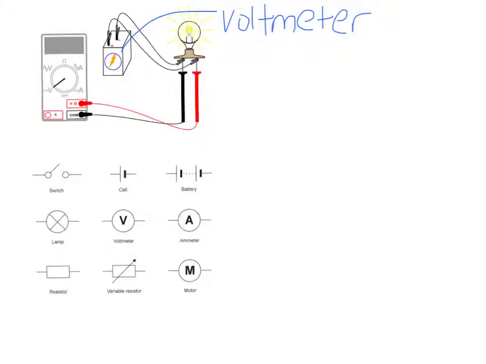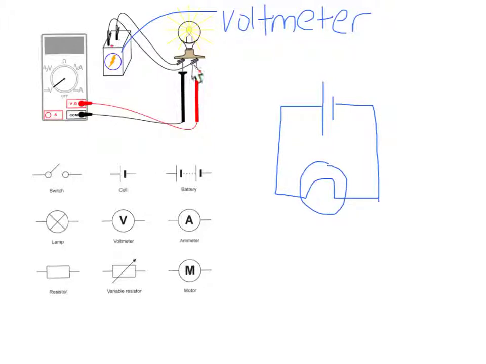So let's start. So for this one, long line, short line for the battery. Okay, it is connected to a light globe like this. Circle around the light globe, and then what you've got here is, if you have a look at the voltmeter, see how it's got two wires connected to the light globe, just like the battery.